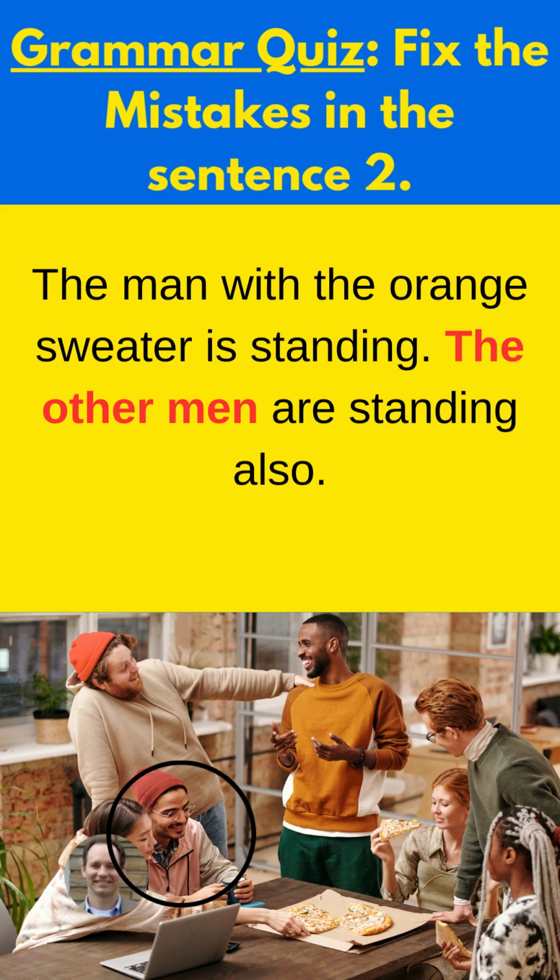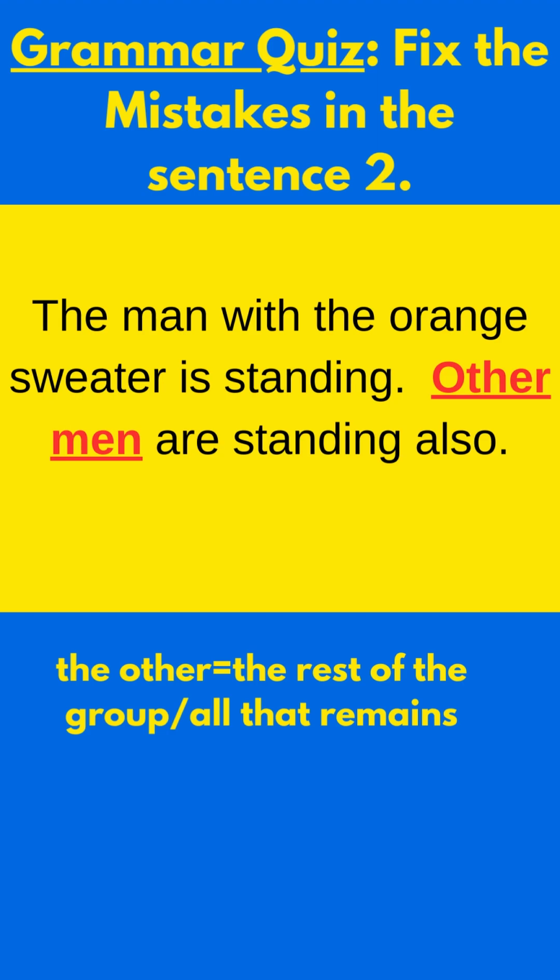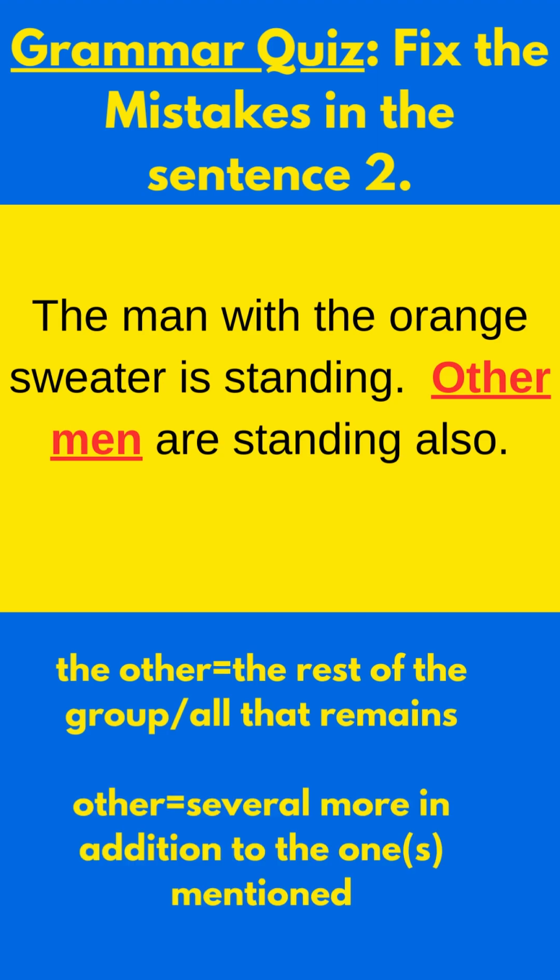We only use the other when it's the rest of the group. But because we have one person who's not standing but who's sitting, it's not the rest of the group who are standing. So we would just say other men are standing also, not the other. The other is the rest of the group. Other just means more than one more than the one we already mentioned.